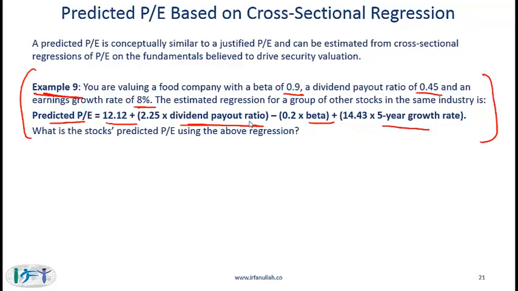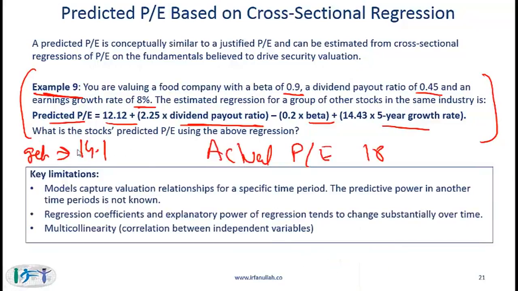Will this equation be the same for every industry? No, obviously the coefficients will be different. Maybe the value drivers also might be different depending on the industry, but in your context, for your relevant industry, you are given this equation. Then how do you come up with the predicted PE for your particular target company? Just plug and play, right? You've done this in quant. So you take the numbers given, plug them in, and you will get your answer.